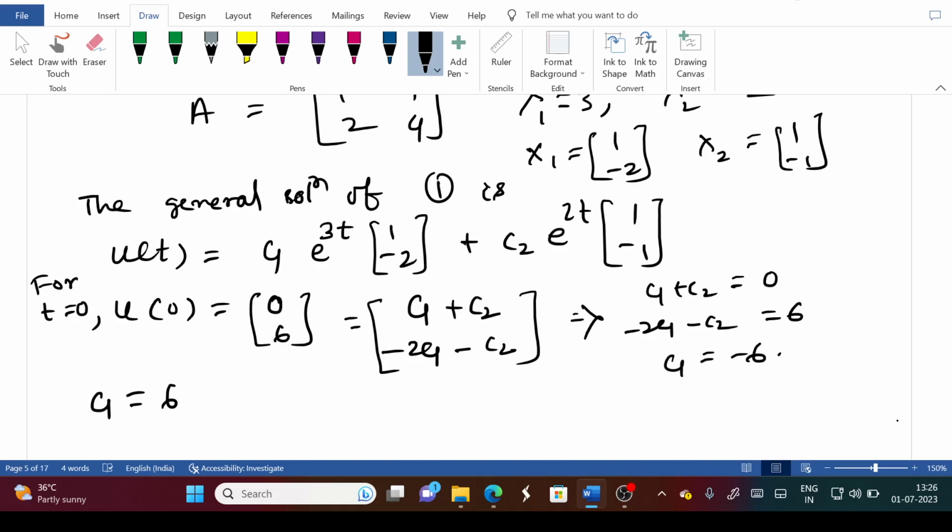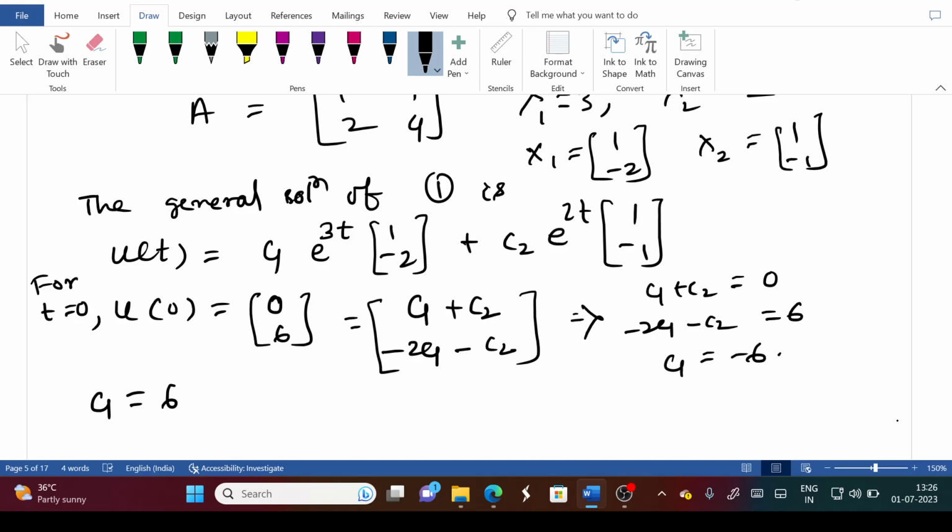So when I substituted, what did I get? C1 + C2 = 0.